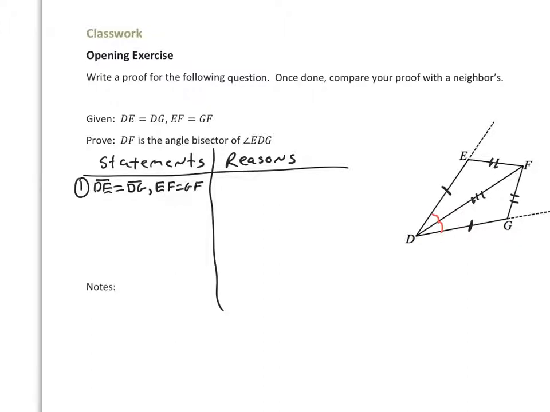I'm just going to do it in one statement. There's my given. And then DF is a shared side, so DF is equal to DF by the reflexive property.